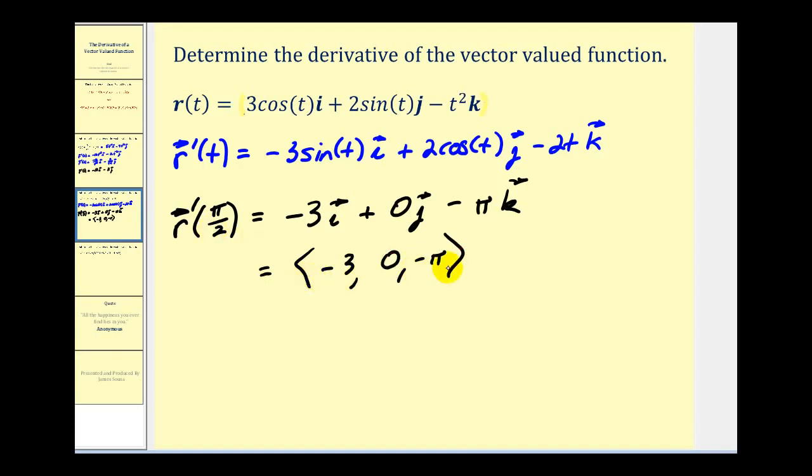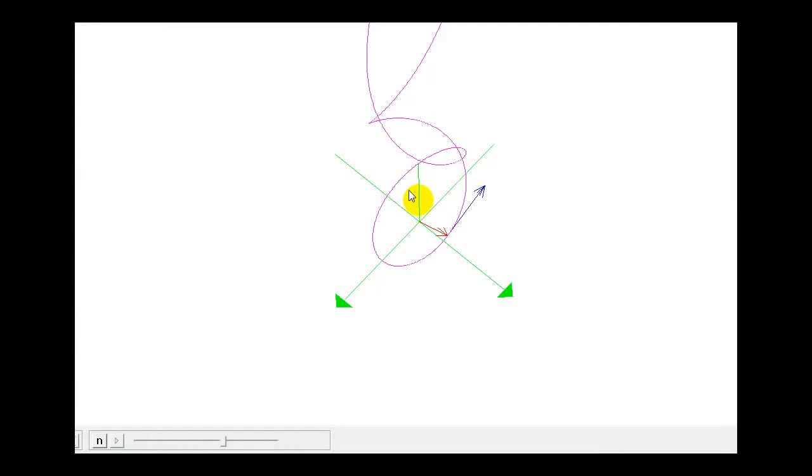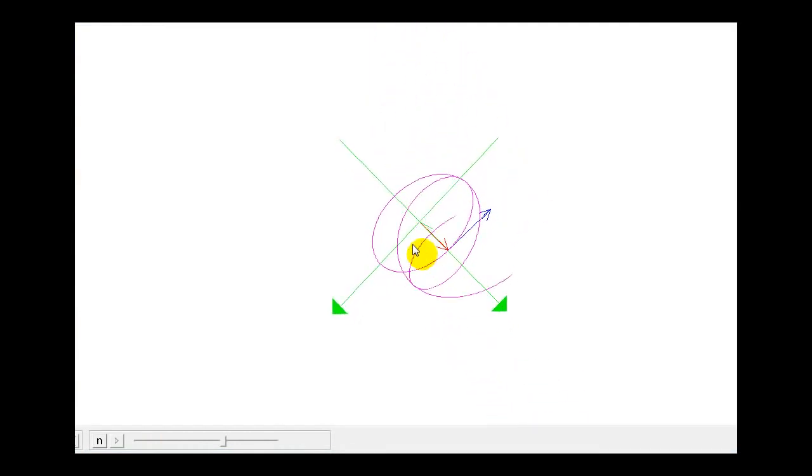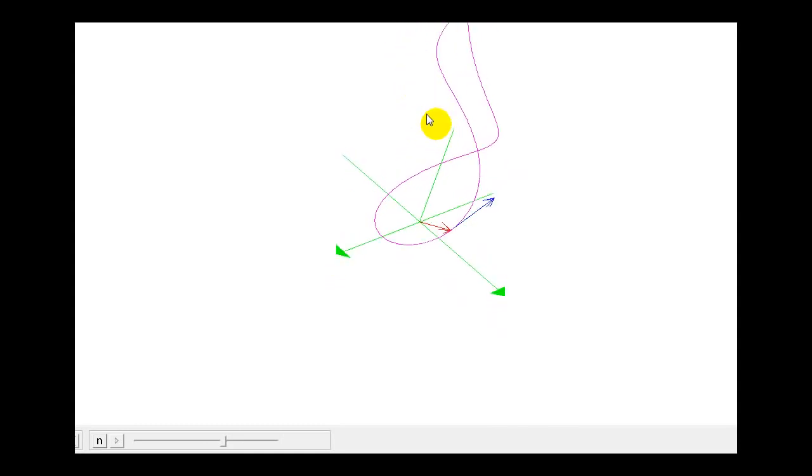Notice this vector is in component form, but what we'll do graphically is take a look at this vector when the initial point is at the terminal point of the vector generated by the original vector-valued function at pi over 2. So again, in purple, we see the curve generated by the original vector-valued function.